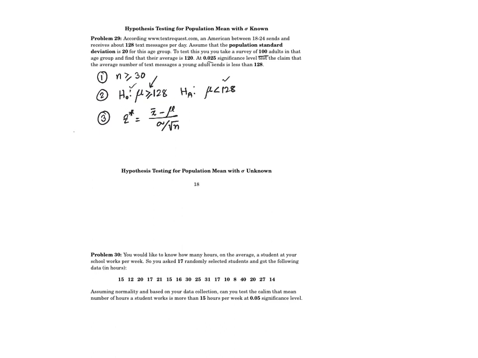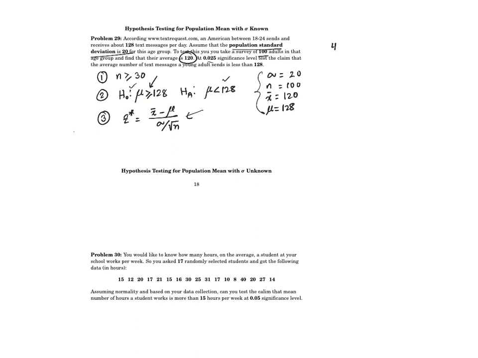They have given it somewhere here in bold. So let me write these values here. Sigma is equal to 20, n is equal to 100 sample size, x bar is equal to, what did you find, average 120. And of course mu is going to be 128, you're comparing against 128, right? So you plug all these values in here, and that's going to give you the test statistic.